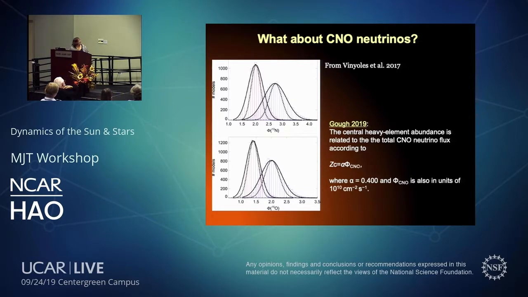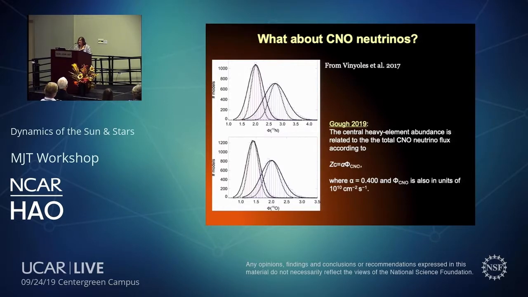And actually, Douglas Goff had a paper recently where you could show that the CNO neutrino should be directly related to the heavy element abundances. So we are basically waiting for CNO observations to get better. The error bars are still too large. Once the observations get better, I think we would have a completely independent view of whether the problem is indeed a metallicity problem or a modeling problem.